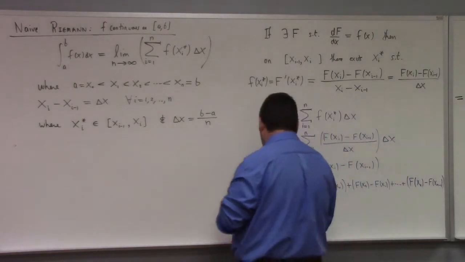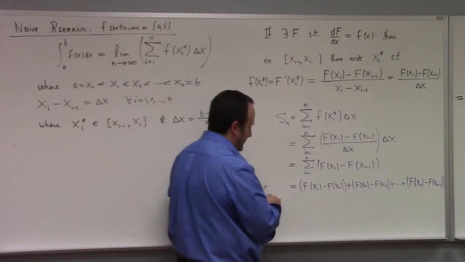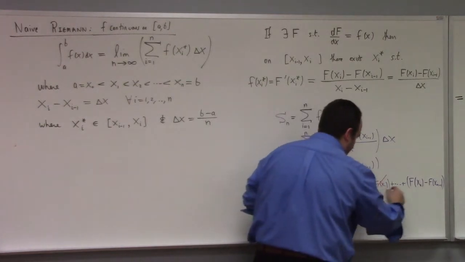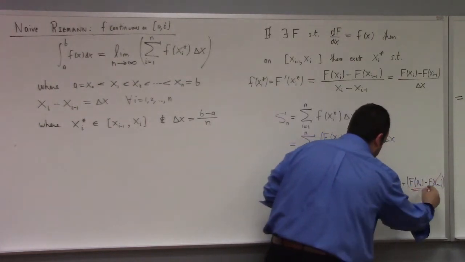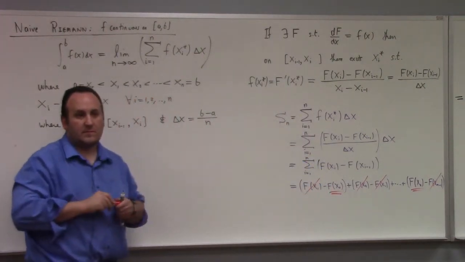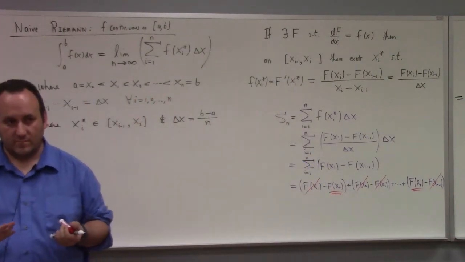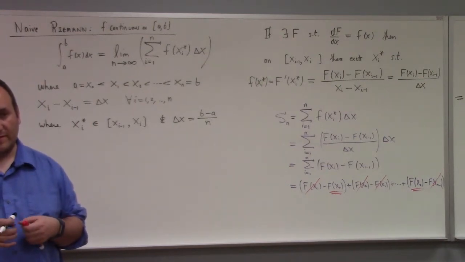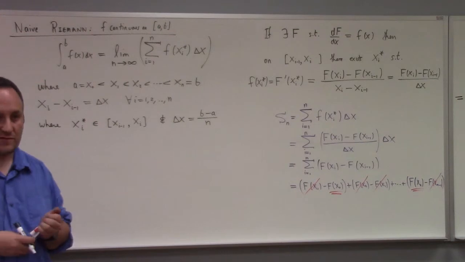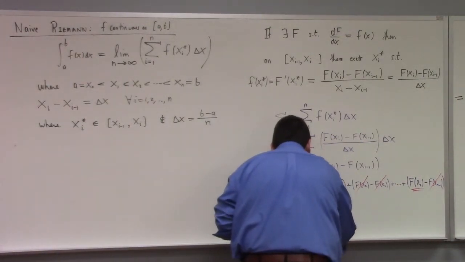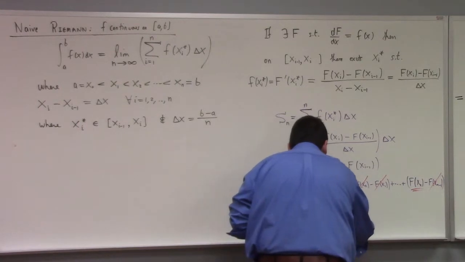Yeah, so in other words, everything cancels except for that guy and that guy. But by construction, the nth term of every partition here is b, and the 0th term of every partition is a. So you're just looking at F of b minus F of a, which of course is what?